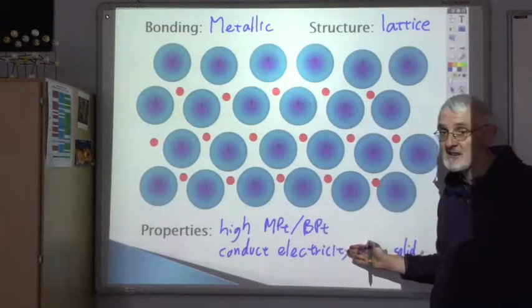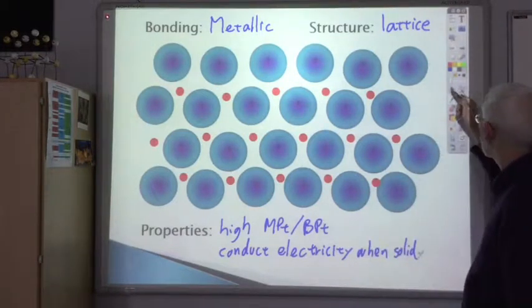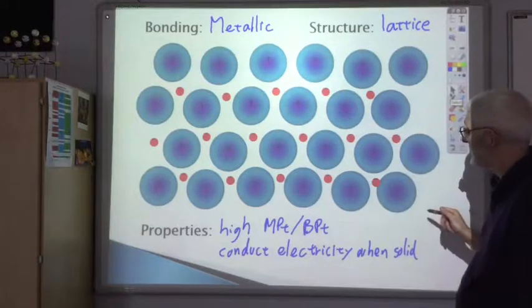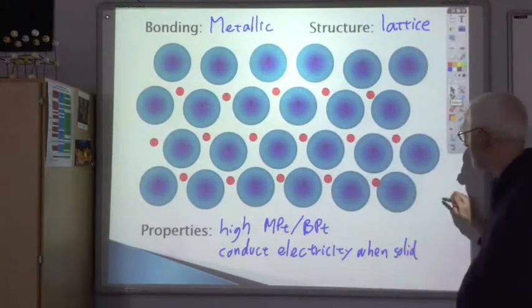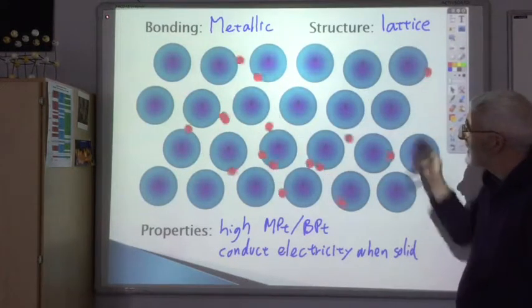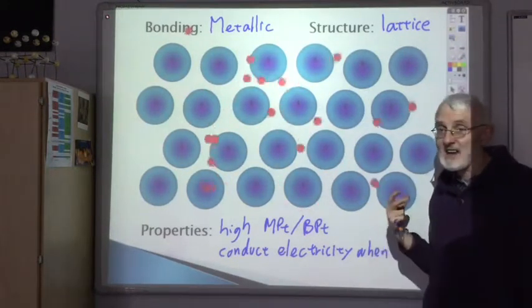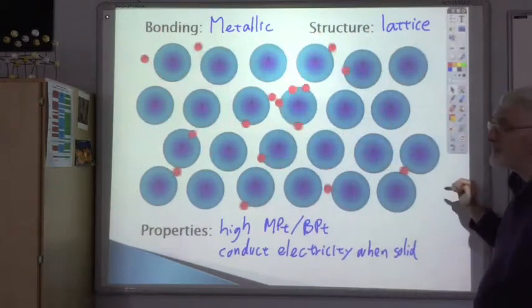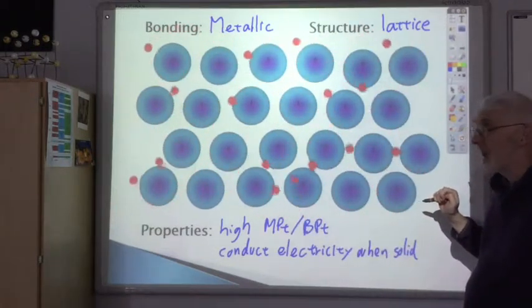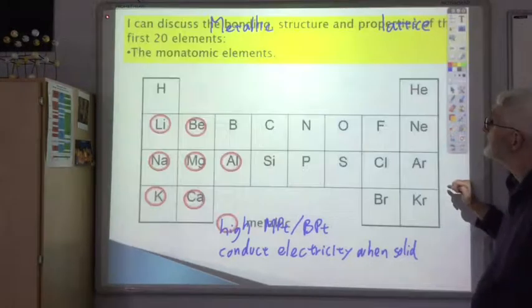And they can conduct electricity when solid because they have these delocalized electrons. Delocalized means they're not fixed in one position, they can move around. So they can move around and carry electric charge through the metal. So that's the main properties of those 7 metal elements.